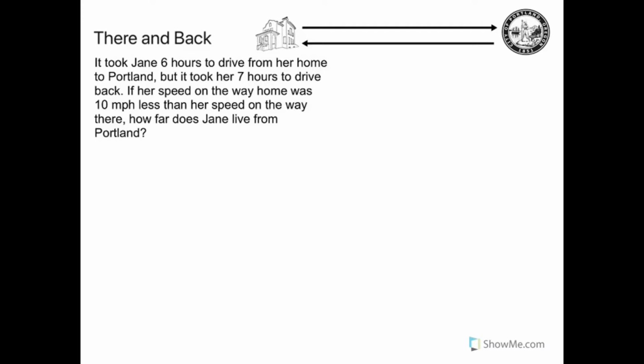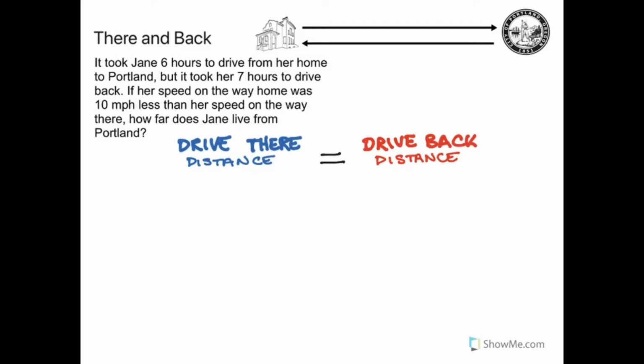Well, we want to know a distance, and we know that the drive there and the drive home are equal. So let's write out a structure for the problem. The distance on the drive there is the same as the distance on the drive back, and each distance is equal to a rate times a time. Let's fill in what we know. We know times. It took 6 hours to drive there.